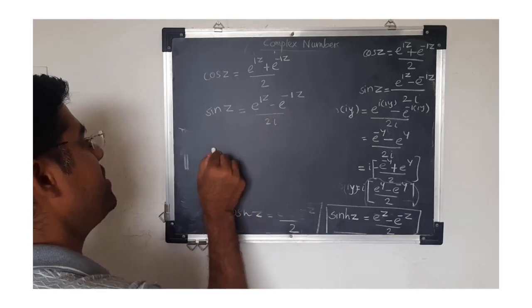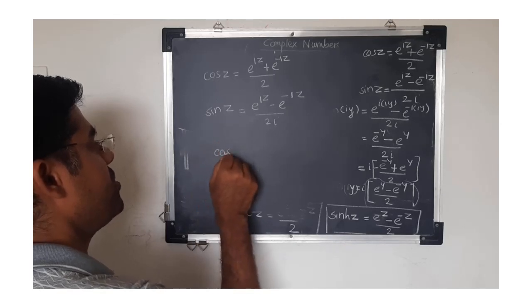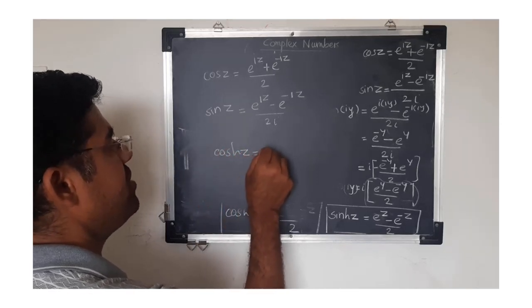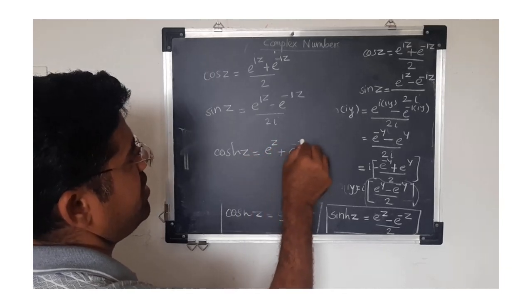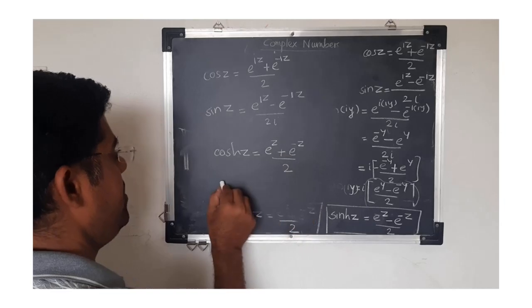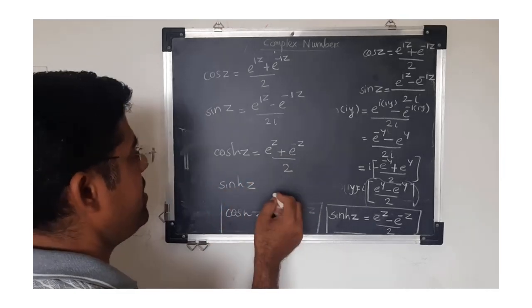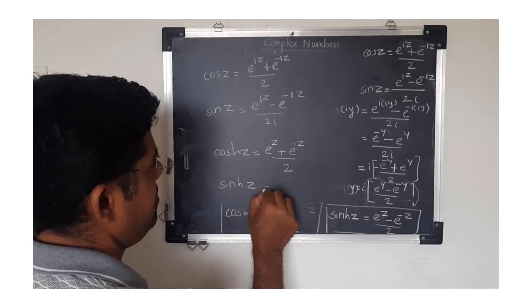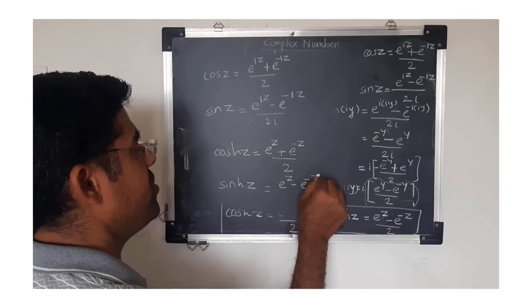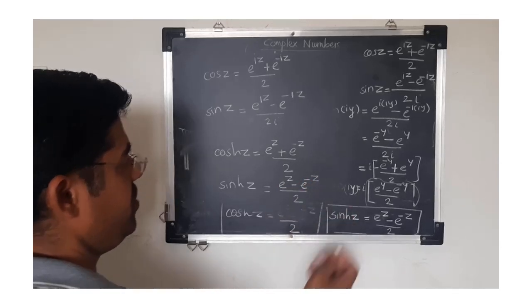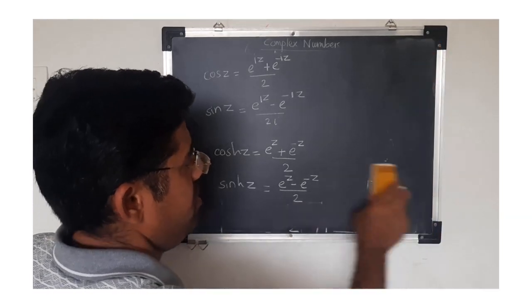Then the hyperbolic cosine of z is e raised to z plus e raised to minus z upon 2. Then the hyperbolic sine of z is e raised to z minus e raised to minus z upon 2. So this is the case.